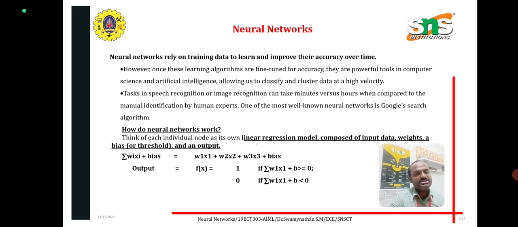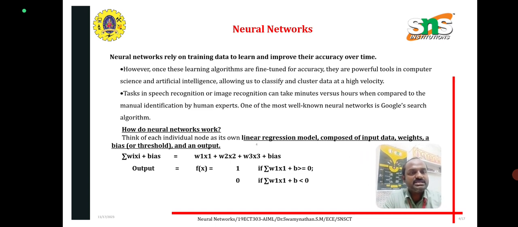The output f(x) is 1 when the summation of weight times input plus bias is greater than or equal to 0. If it is less than 0, it is defined as 0. That is the output defining method.